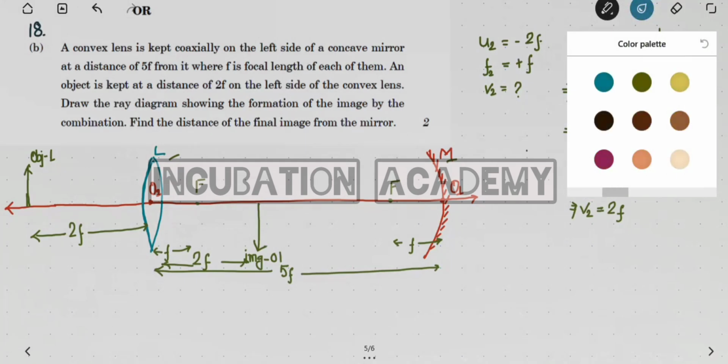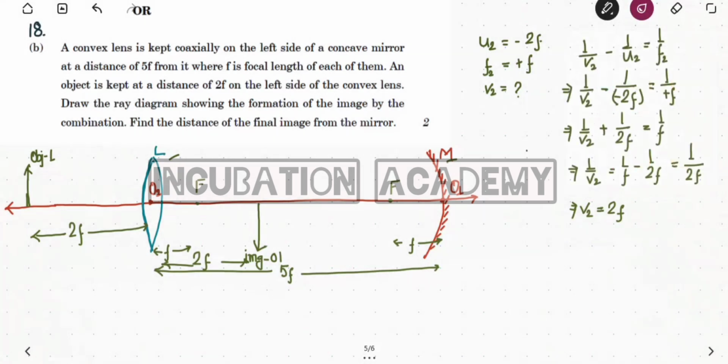Now anything regarding the mirror we will denote by 1. This image 1, which is formed by the lens, acts as an object for the mirror. At what distance? The total distance is 5f and this much is 2f, so obviously this is 3f.